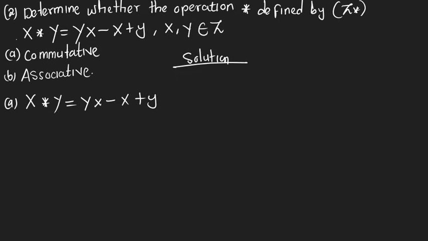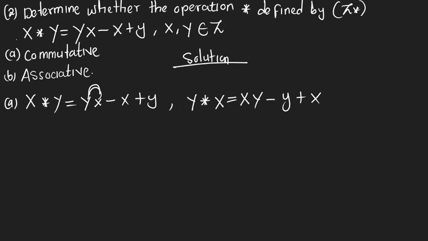Since we want to prove commutativeness, it implies that y star x is going to equal this, where x is exchanged with y. So this is going to become xy minus, then y gets in front, plus x.